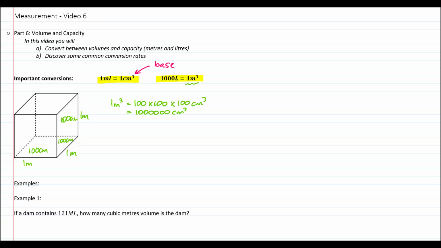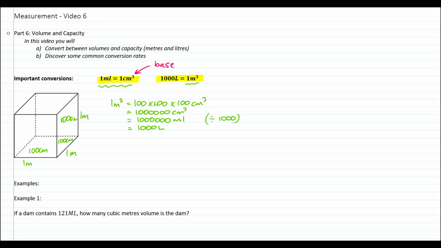Using this first conversion rate, that is equal to 1 million millilitres. Dividing that by 1,000 gives us 1,000 litres. So 1 metre cubed is equal to 1,000 litres.